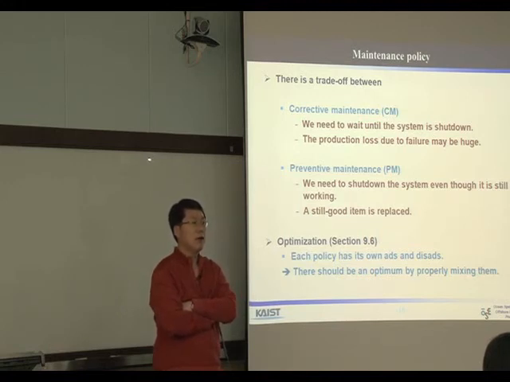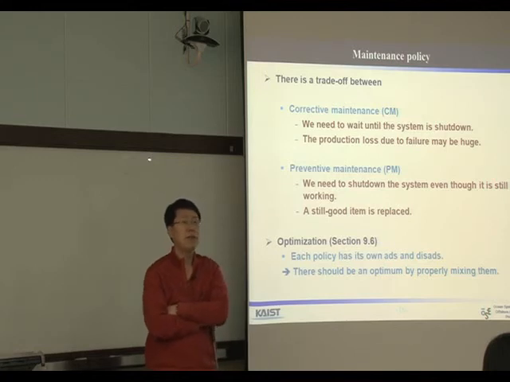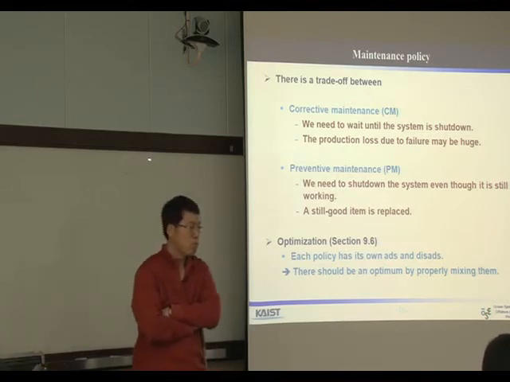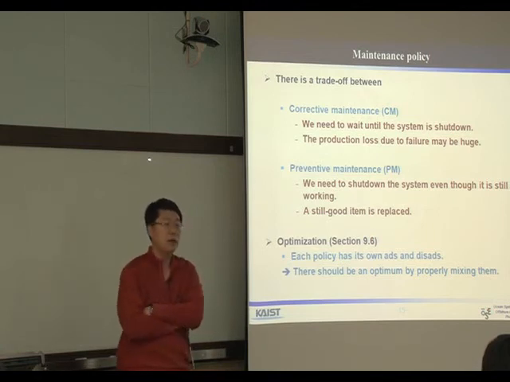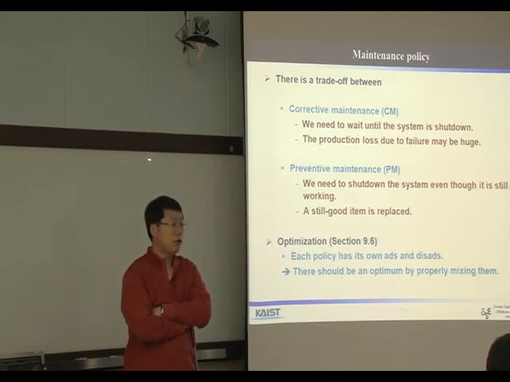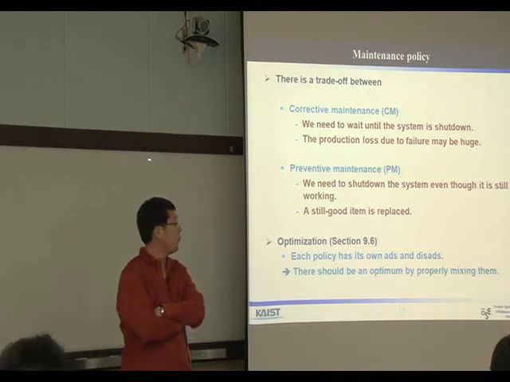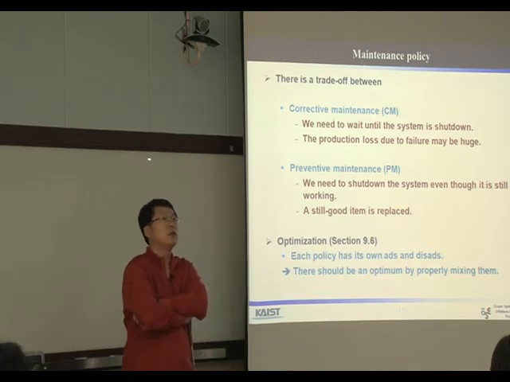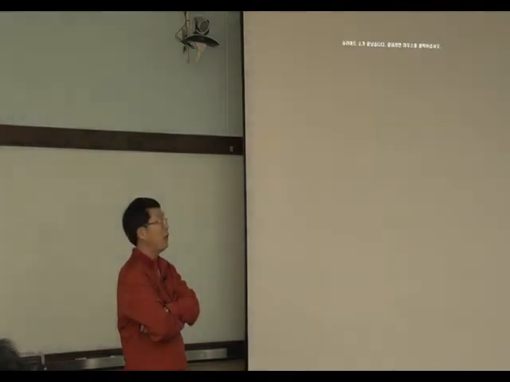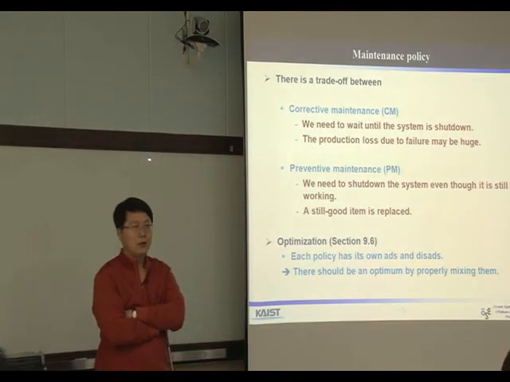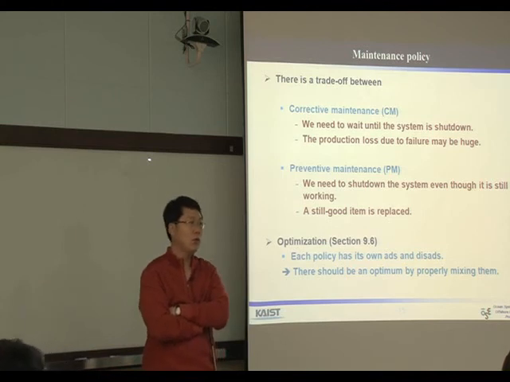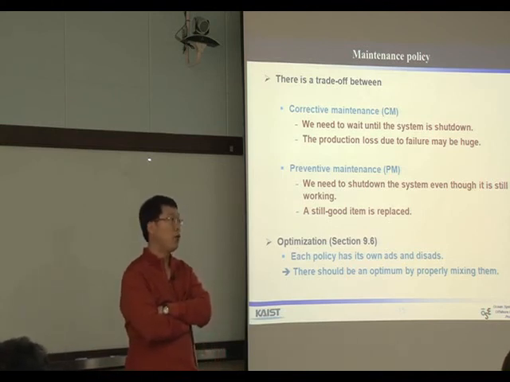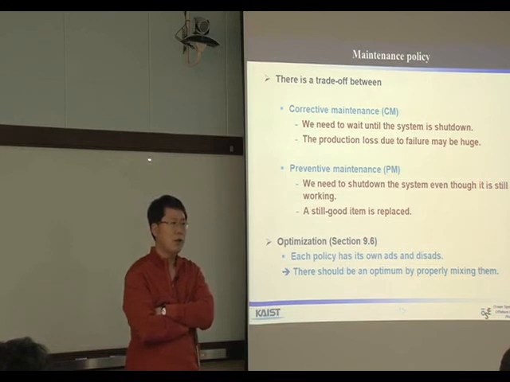These days, maintenance is a big business in every corner of our life, and this is the case even in the industrial area. For example, think about the ship propulsion system. Ship propulsion system is about $10 million.